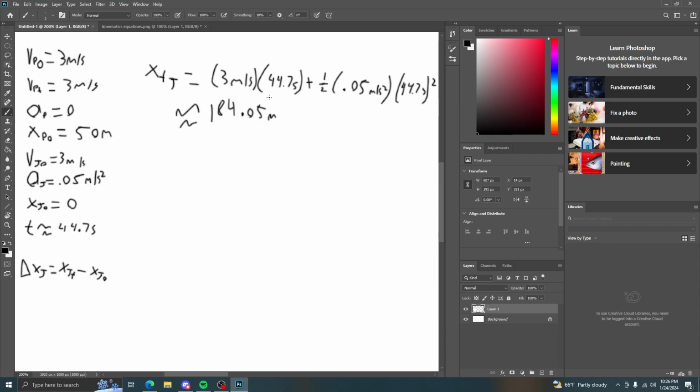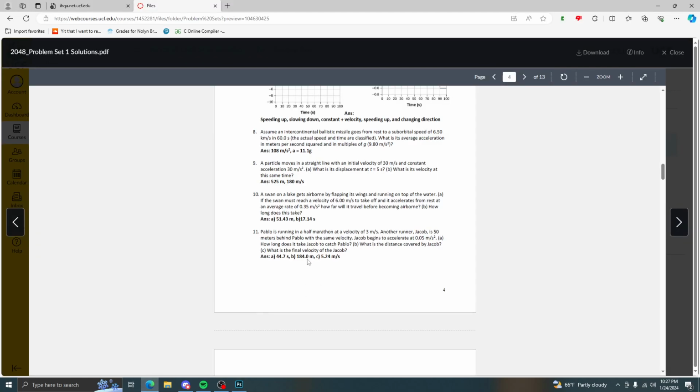And also meters per second times seconds is meters, and meters per second squared times seconds squared is also meters, so we know the unit is in meters. Not that it really matters because we're just plugging stuff into a formula. I don't see how I could have messed that up, but you know. Anyway, 184.0, yeah, okay. Although that should have rounded to 184.1, but that's fine. I don't care.